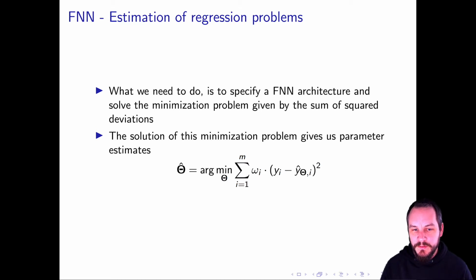I mean, for a traditional linear regression model, there is an analytical solution available, but usually the more complex our models get, these analytical solutions are not available anymore, and we need to use numerical optimization routines in order to solve this problem. And also the good news is we do not really solve this problem because the package that we are using will solve this problem, but at least we should be aware of what it's doing.